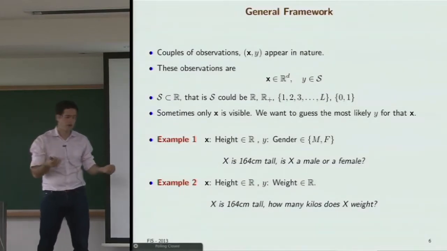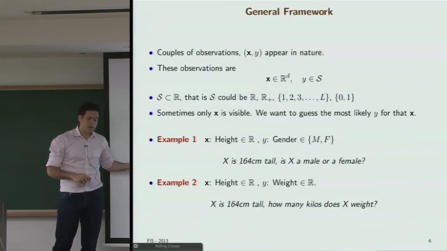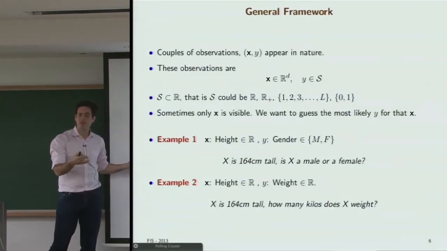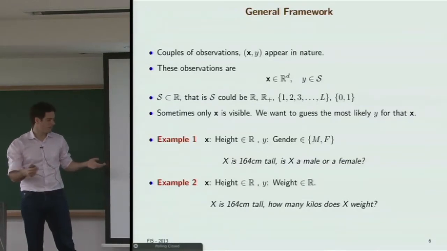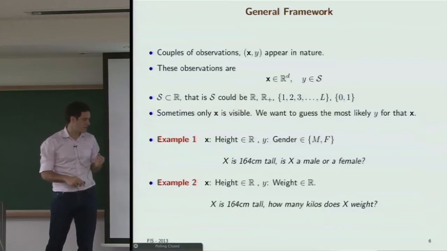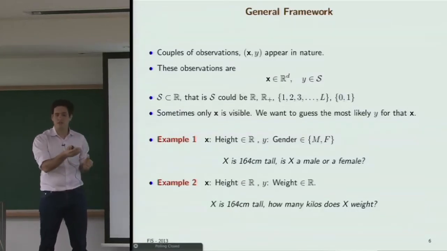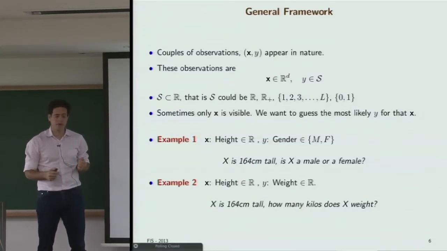So you have two elements. And now you want to answer the question, given someone's height, what is that person likely to be? Is it male or female? So if person X is 164 centimeters, is X more likely to be a female or a male?